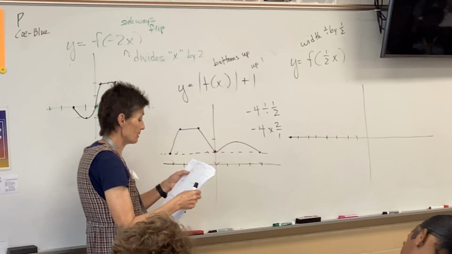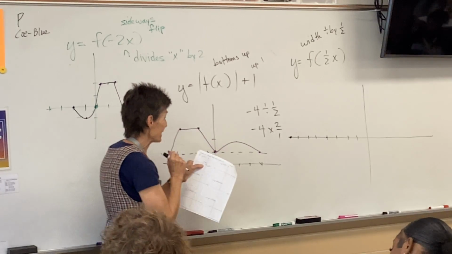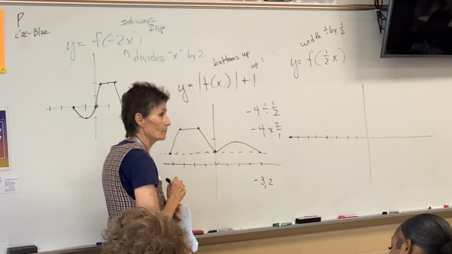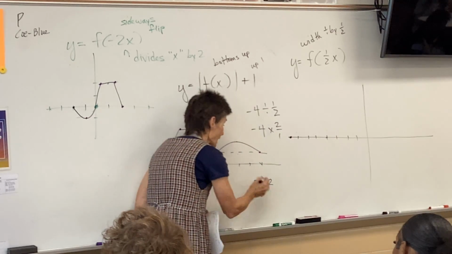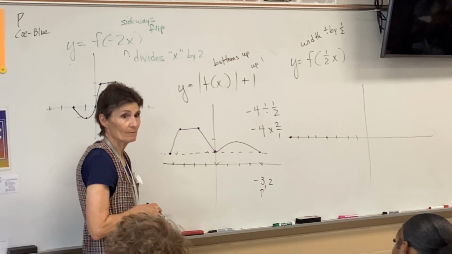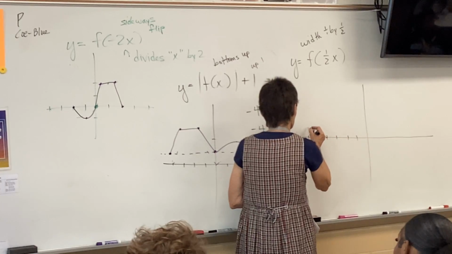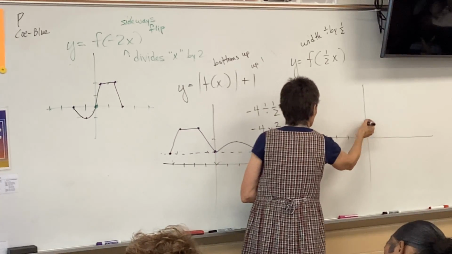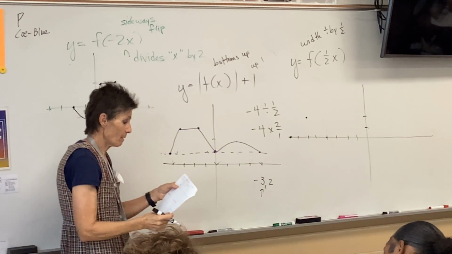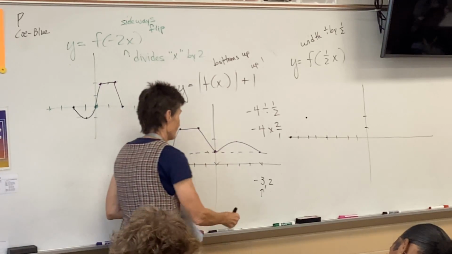The next point that I see plotted on my original picture is at -3, 2. Well, I have to divide that by a half. What's -3 divided by a half? -6. So now I'm going to be at -6, 2. The next point on my paper is -1, 2.